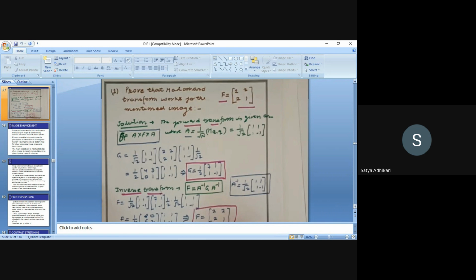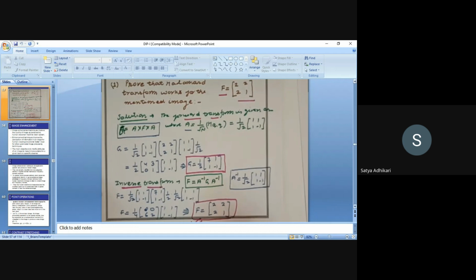So let us do the inverse of the forward transformation. In the inverse transformation, we get F equal to A inverse into G into A inverse, because we multiplied by A to get G, A into F into A. So to get the original value again, we have to multiply with A inverse.